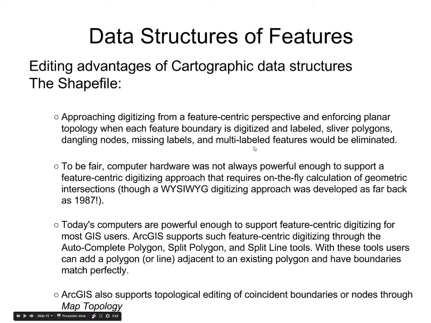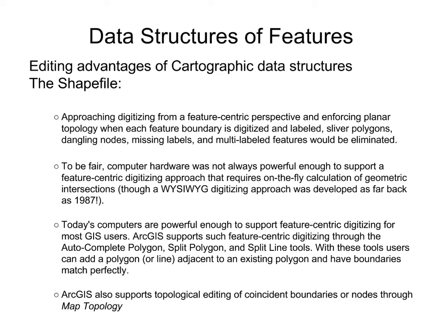So with this cartographic data structure of the shapefile, we were given new ways that we could edit the data. Editing was approached from a feature-centric perspective and enforced planar topology when the feature boundary was digitized and labeled.